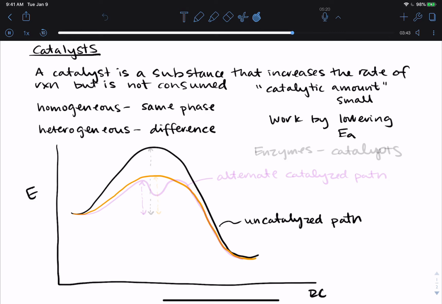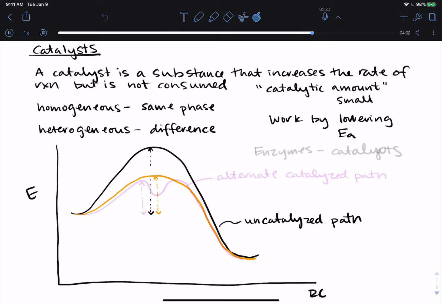So my uncatalyzed, right, had this activation energy, and then my catalyzed has this much lower value for activation energy.